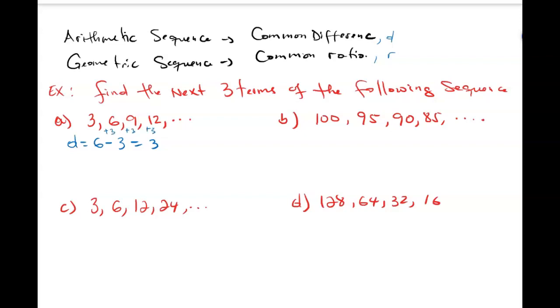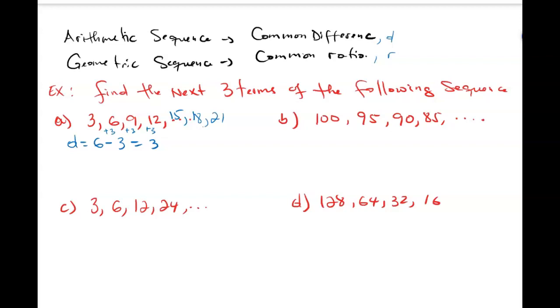Therefore, 12 plus 3 is 15, 15 plus 3 is 18, 18 plus 3 is 21. That's all we're doing.